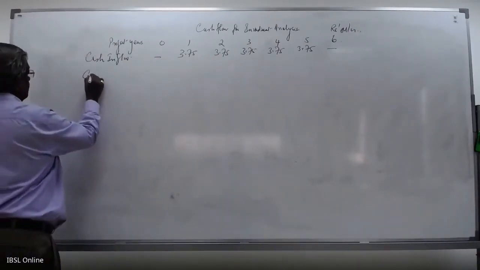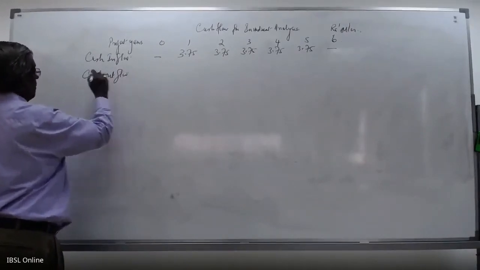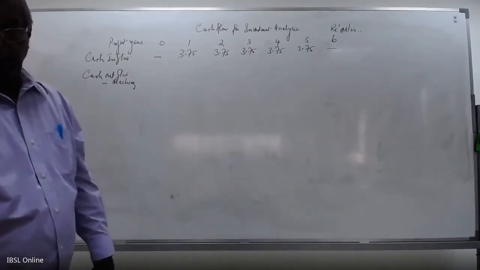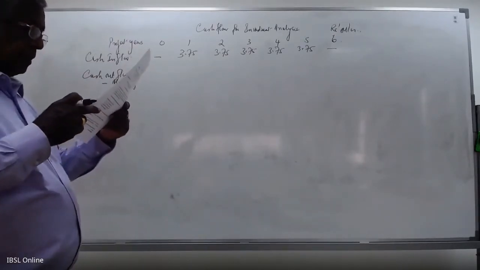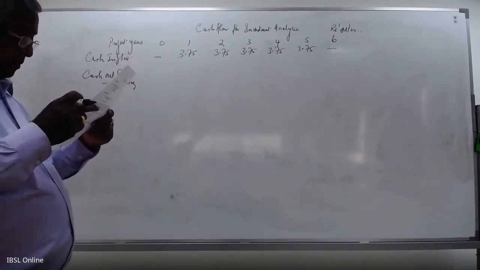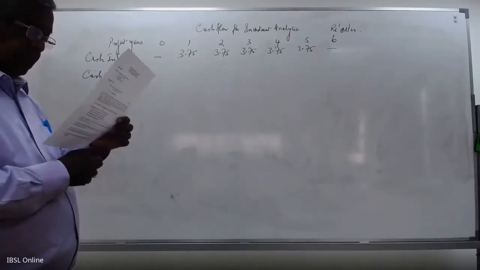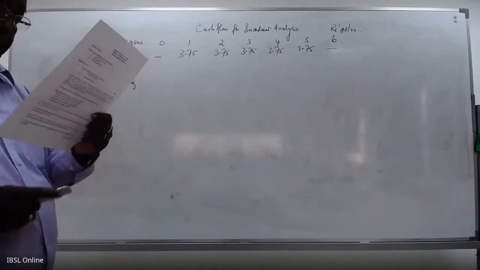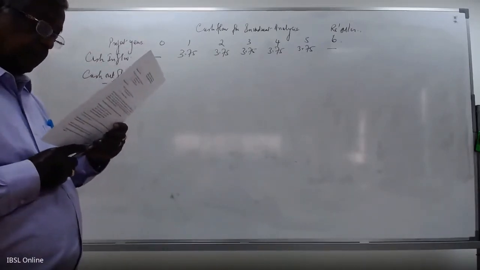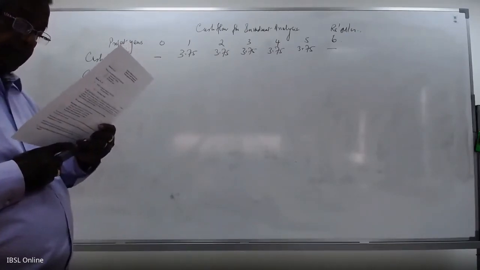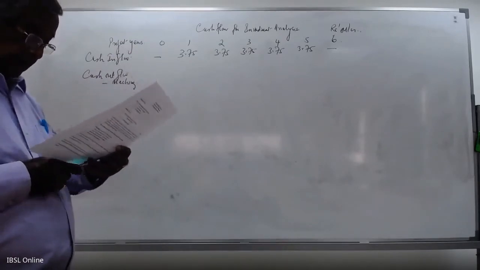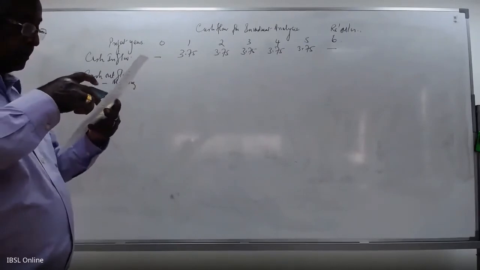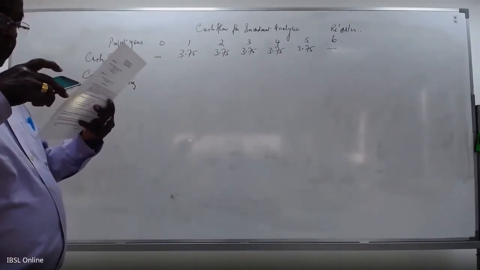Now the cash outflow. Investment on machinery, 8 million.